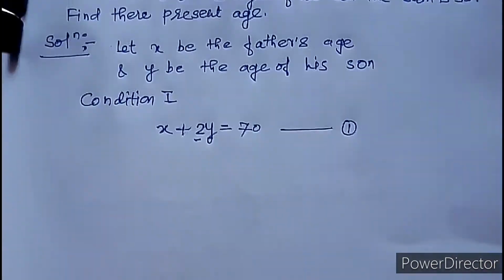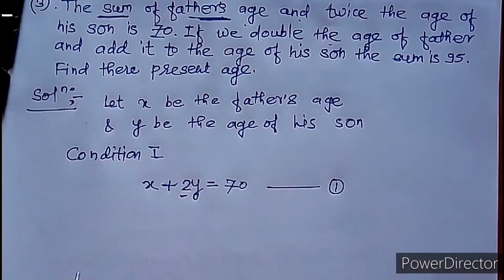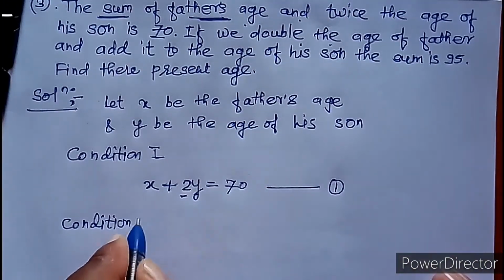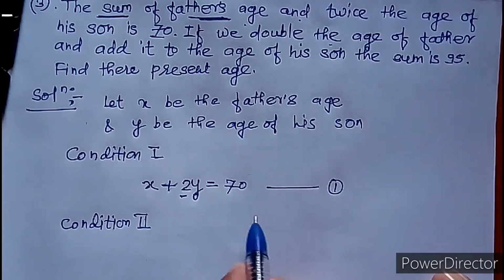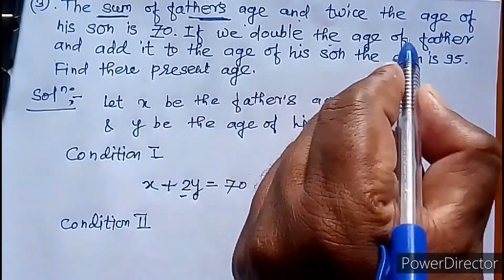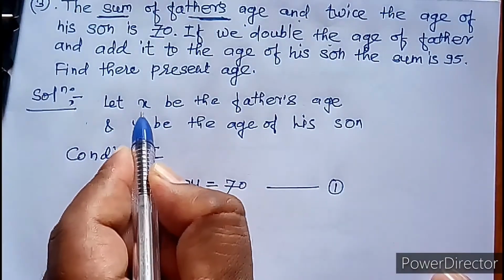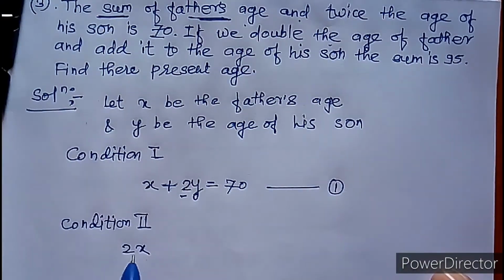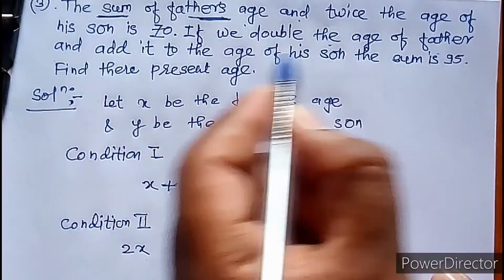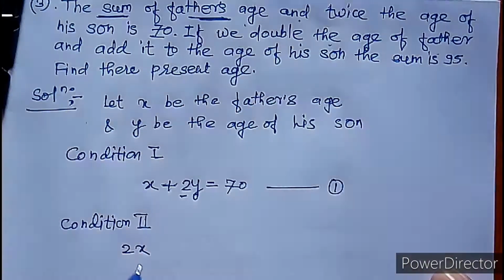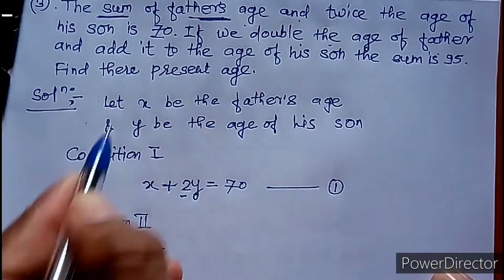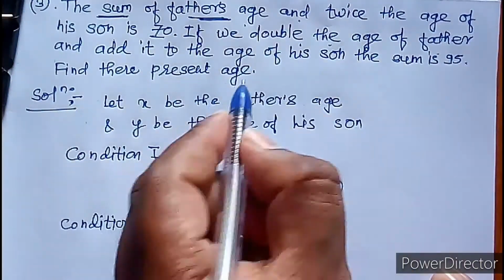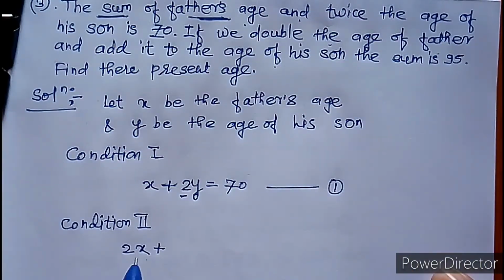Now condition 2 says that if we double the age of the father, whose age is x years, meaning twice x, and add it to the age of his son, so plus comes here.